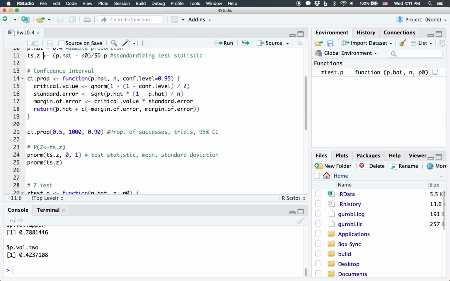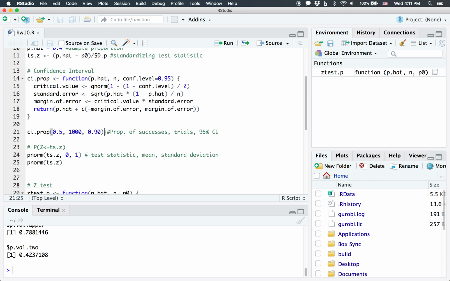The margin of error is nothing but the critical value times the standard error, and these are the formulas for how to find the critical value and the standard error. So CI prop returns two values: one is p hat minus the margin of error, and the other is p hat plus the margin of error.